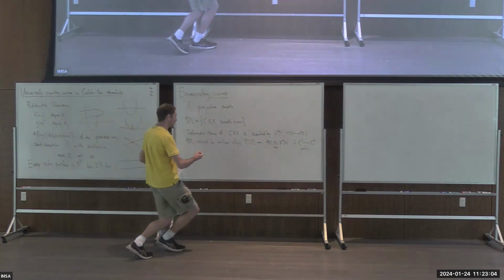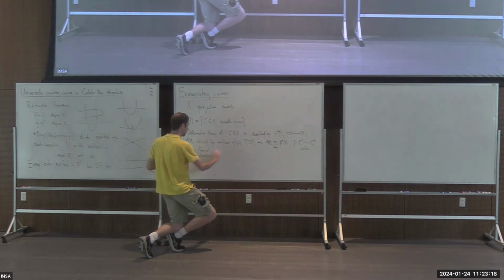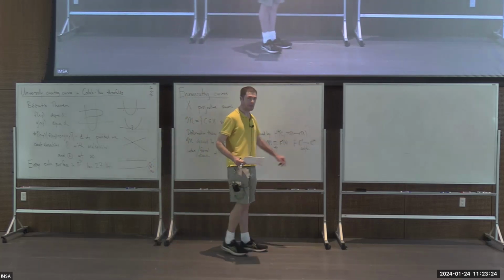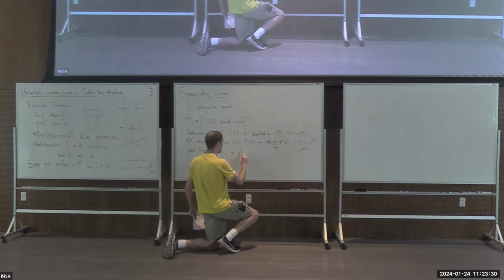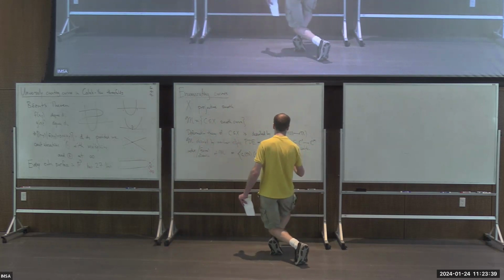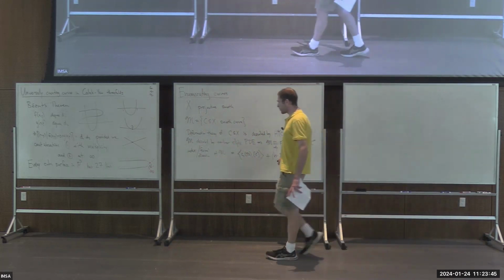And just to complete the description here, I'll say the index, or the virtual dimension, of M. Well, in this case, it's n minus 3 times the first Chern class of X evaluated on C plus n minus 3 times the genus term.